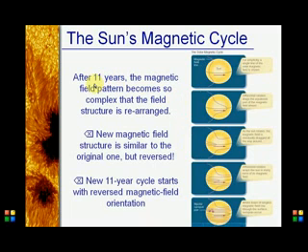And this can explain the 11 year cycle, because after 11 years the magnetic field pattern becomes so complex that the field structure is rearranged. The new magnetic field structure is similar to the original but reversed. A new 11 year cycle starts with reversed magnetic field orientation.